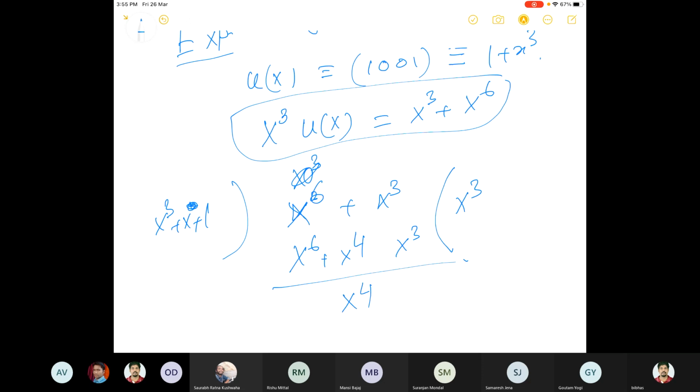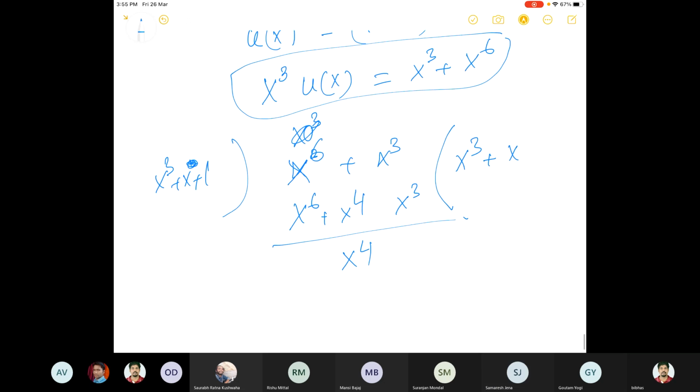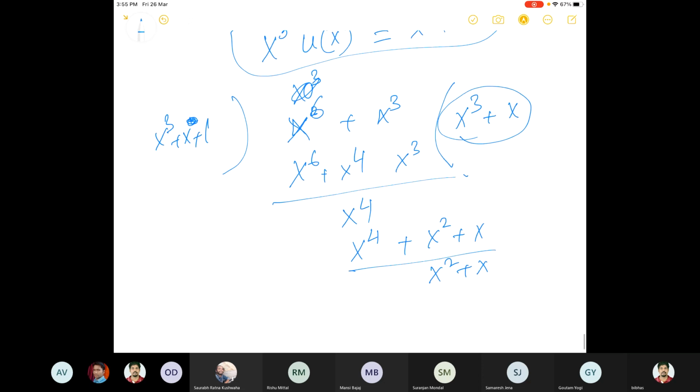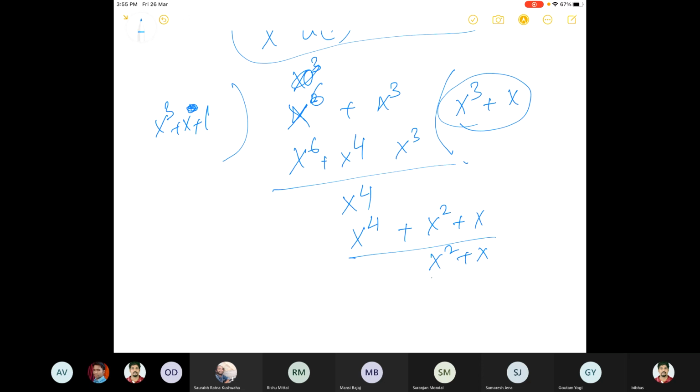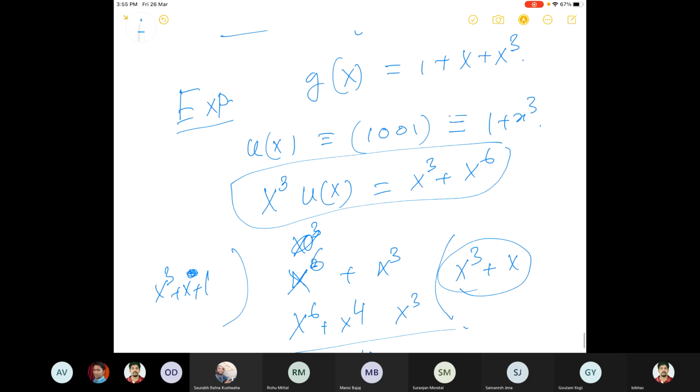Then what do you do? Plus x. So then we'll have x to the power 4 plus x square plus x, which is x square plus x. We cannot divide anymore. So this is my ax, and this is my bx, the remainder.